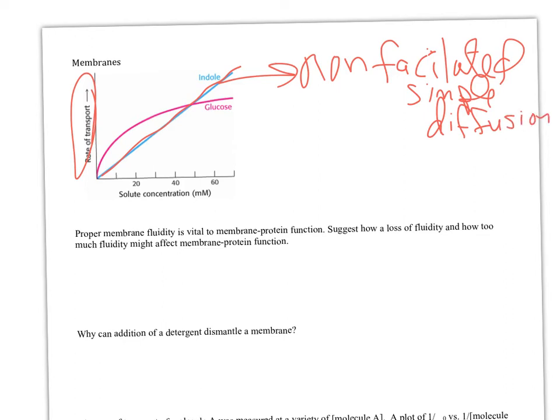Whereas glucose saturates. That indicates that there is a transporter involved. So there would be a transporter, and that would be facilitated diffusion.